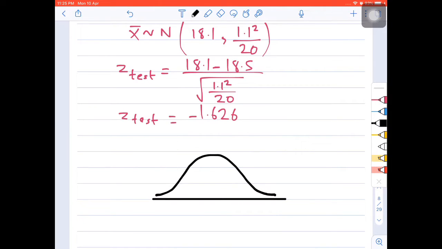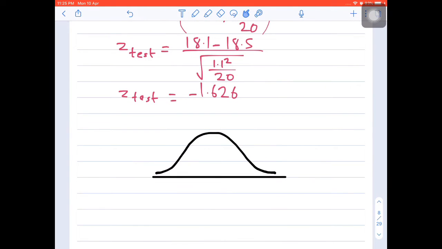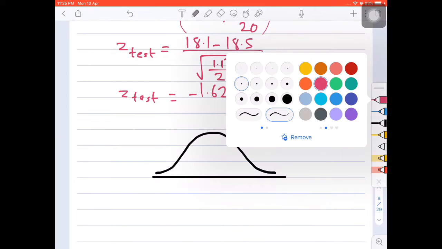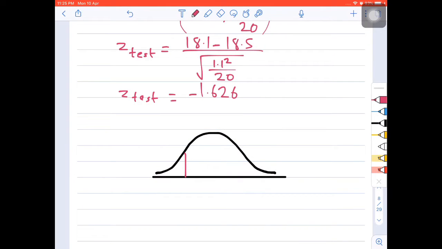Now over here the alternate hypothesis was less than 18.5, so we'll have a lower tail test. And it's 2.5%, so let's say that this region is 2.5%, that is 0.025, the area. So the rejection area is 0.025, and the acceptance area will be 0.975. Now we need to find the z critical value.